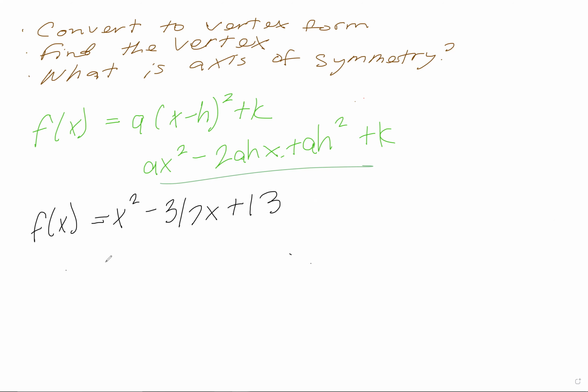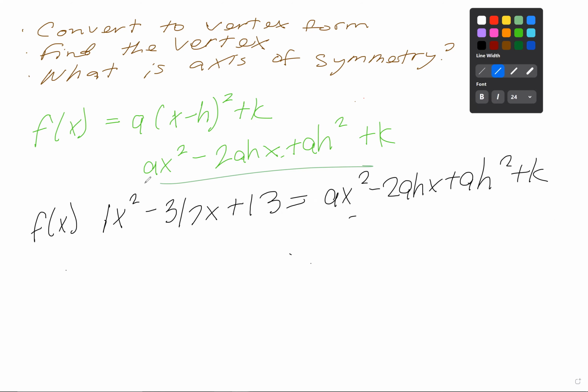Okay, so it's equal to ax squared minus 2ah x plus ah squared plus k. What is the number in front of x squared? Uno. Okay, 1. That's a.